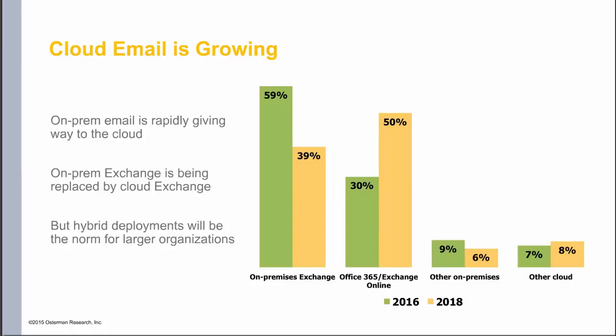Lots are served by Office 365 as well as a variety of other on-premises solutions, other cloud solutions, and so forth. What we're finding, though, is that we're going to see a flip-flop over the next couple of years where about half of users are going to be served by Office 365 or maybe just Exchange Online, and we're going to see a corresponding decrease in the proportion of business users that are served by on-premises.